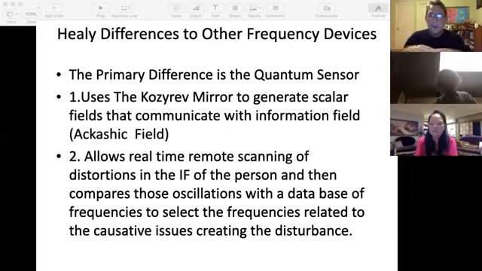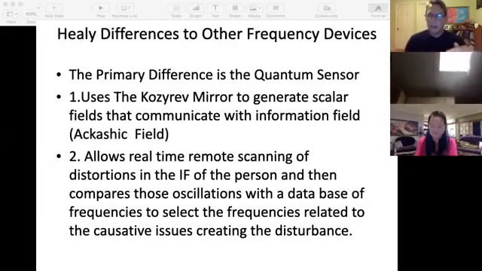Most of the energetic devices that are out there on the market are very, very useful and effective at accessing information from the physical body. They rely on biofeedback, where they put a frequency into the body, the body responds and sends back a signal, and then we look for a match of those signals to determine what the problem is and what frequency or treatment we need to offer.